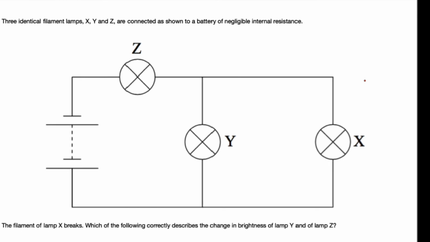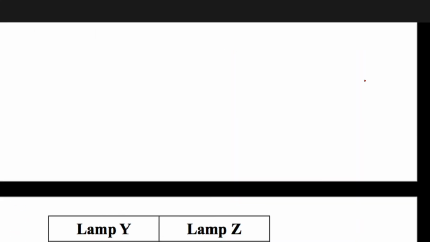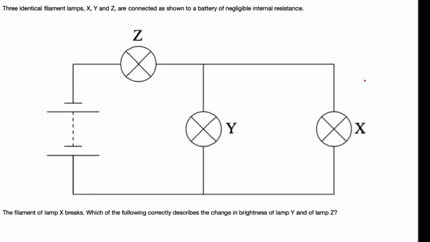Identical filament lamps X, Y, and Z are connected as shown to a battery of negligible internal resistance. The filament of lamp X breaks. Which of the following correctly describes the change in the brightness of lamp Y and lamp Z? Let's see what's going to happen.